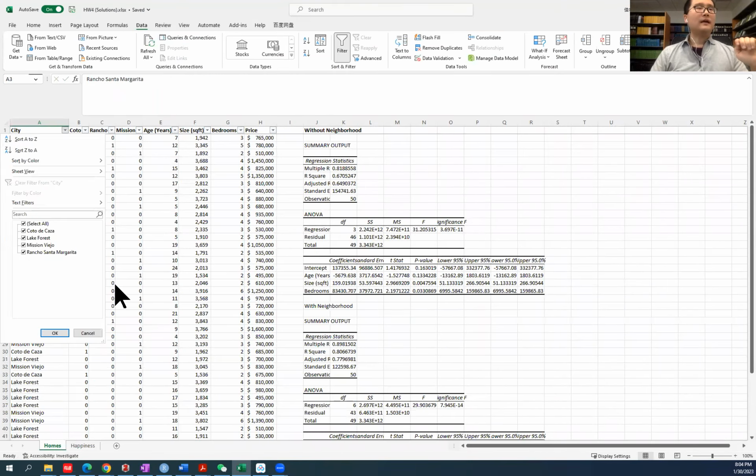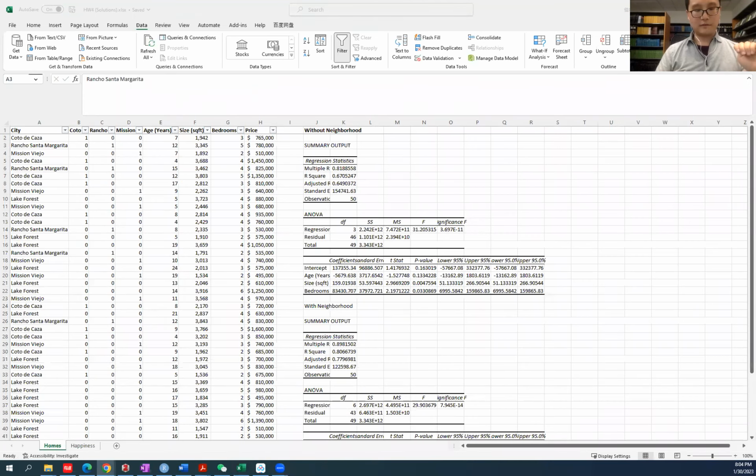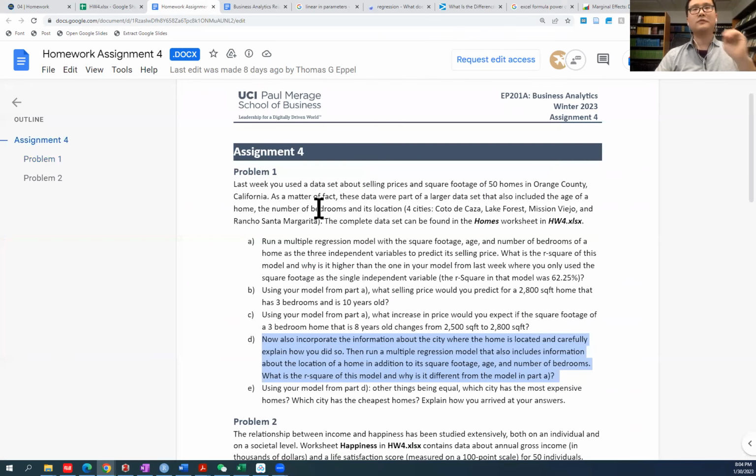So in problem 1, just so everyone is on the same page, let's review the question again. We are trying to predict the house price using certain predictors.